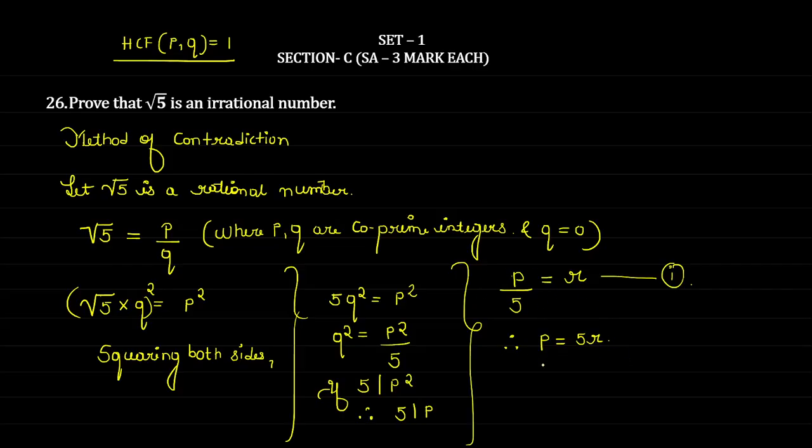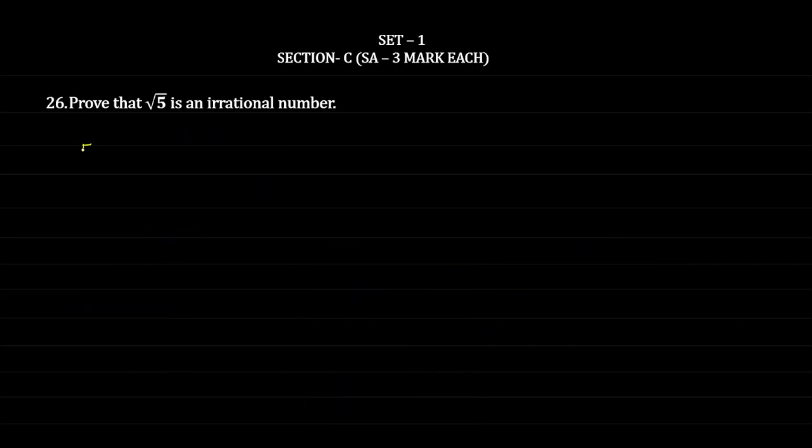All right. Now what I can do is I can put the value of P in this equation here. So what I'm going to get here is 5Q square is equal to P square.